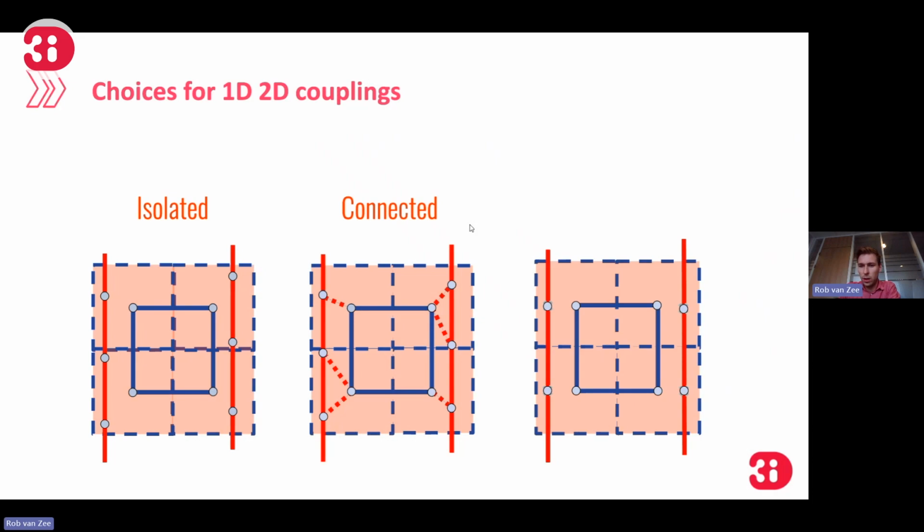Well, that's for the third option we have, and that is embedded. And in an embedded system, you still have your 2D grid, you have your 1D elements. Only what happens is that you say the volume of the 1D elements is the same volume as the volume of the 2D elements.